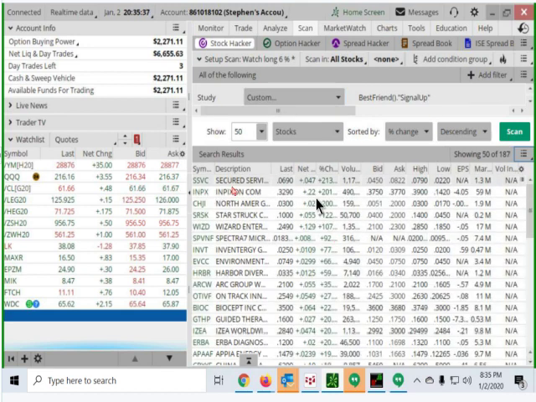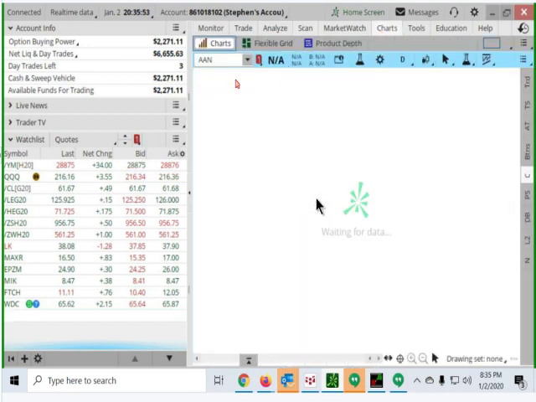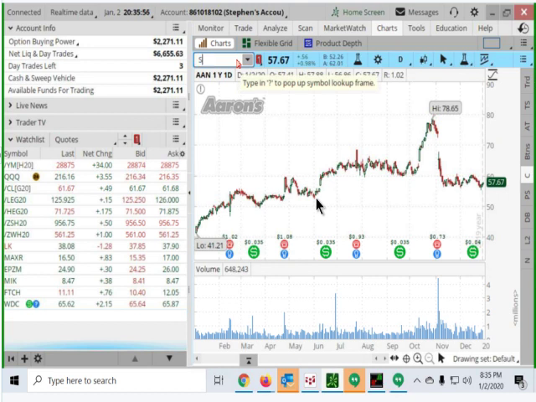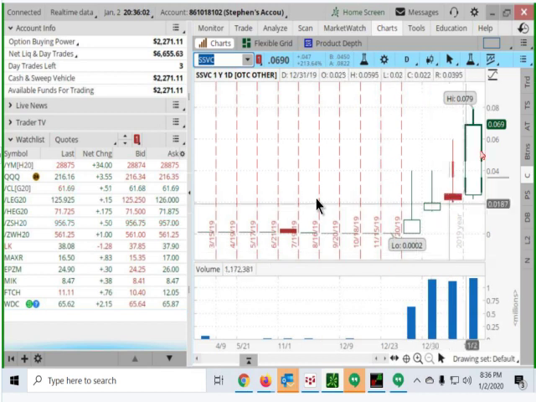Okay. So now what you can do is you move this list over here, and then you can go, what is this top one? SSVC. So if I put in SSVC, apparently a fairly new issue, it's showing you kind of a best friend type signal.